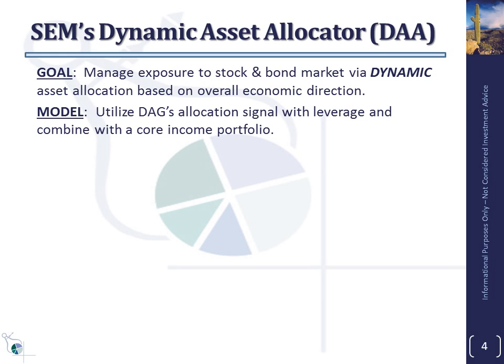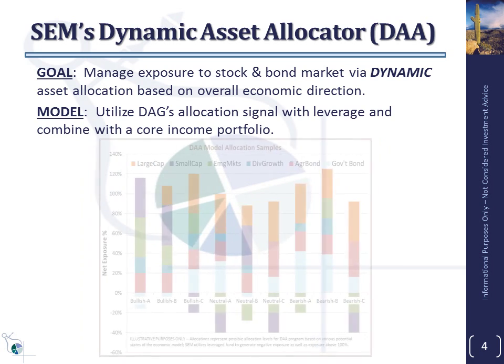Now, to offset the volatility, we only have 60% of dynamic asset allocator invested in this equity allocation model. The other position is offset by some of our core bond fund holdings that also may show up in DIA, which represents the other 40%.